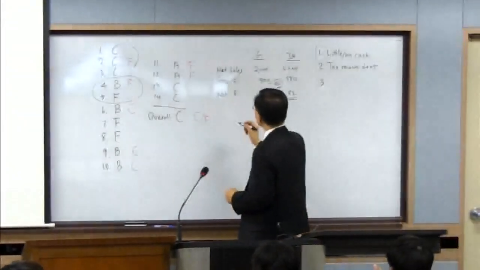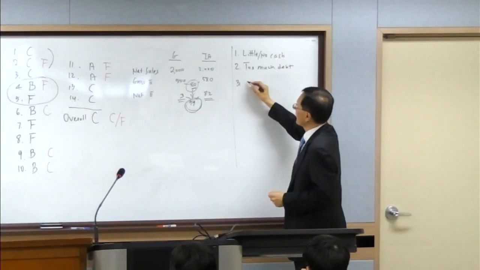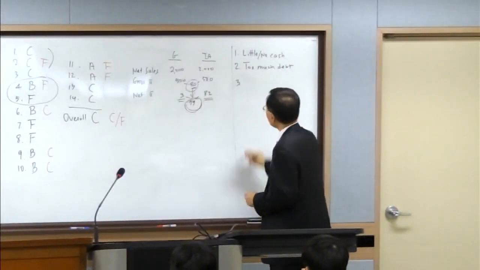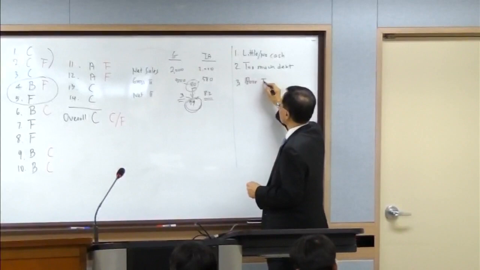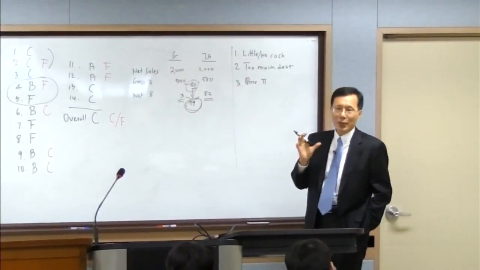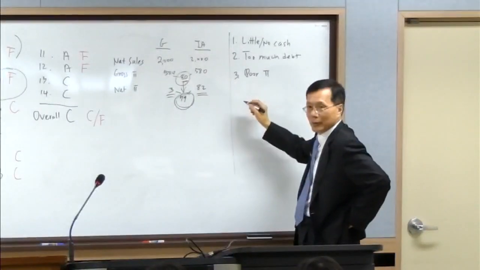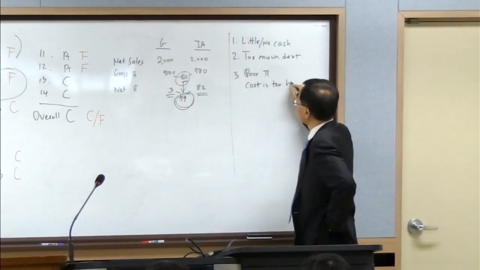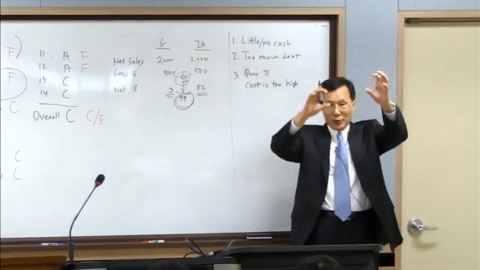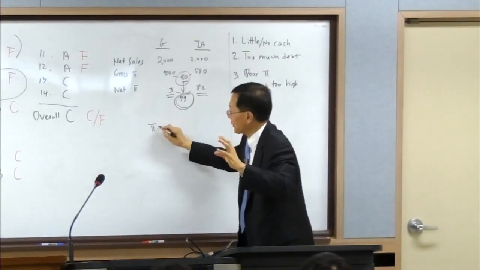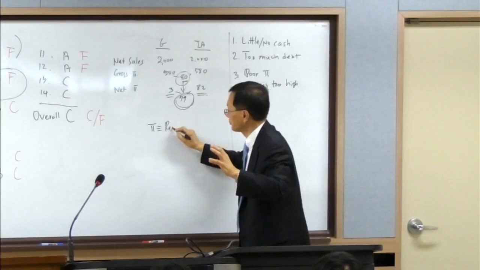So your next note is: poor profitability. Now, profitability comes in two ways. Number one, cost is too high. Profit is, by definition, revenue minus cost.